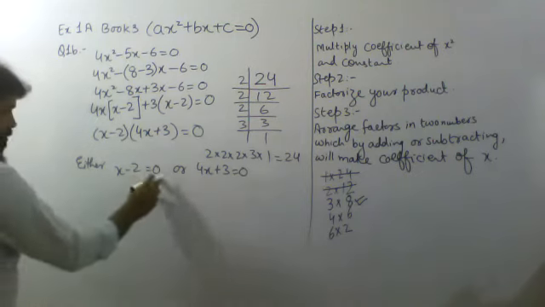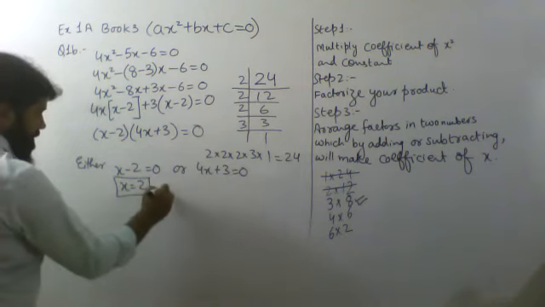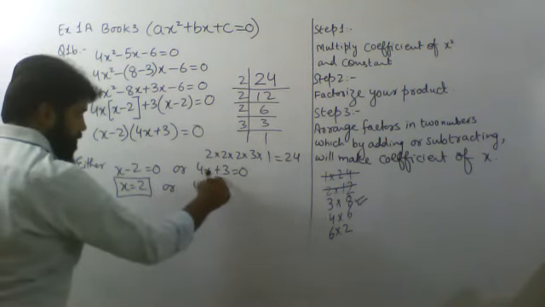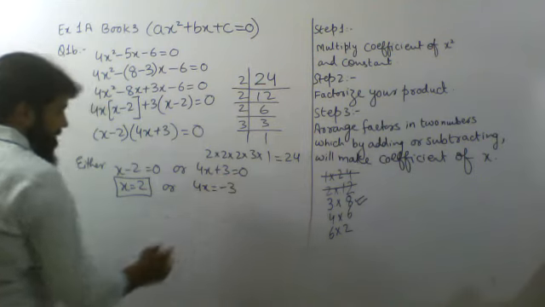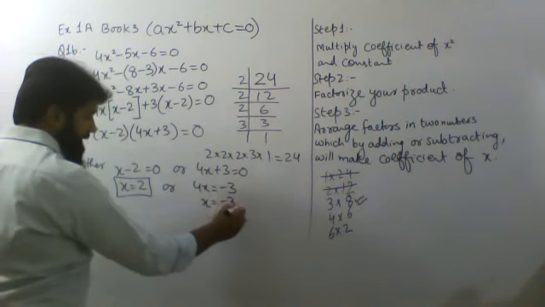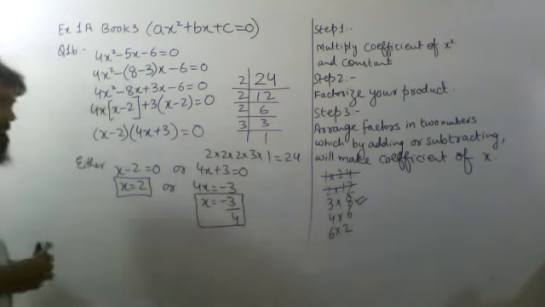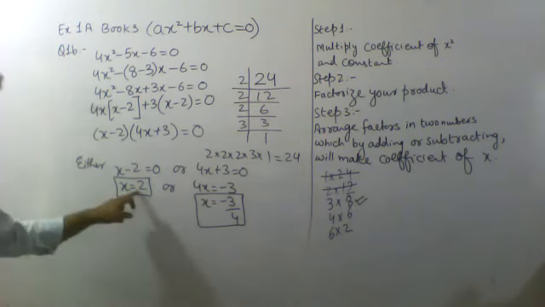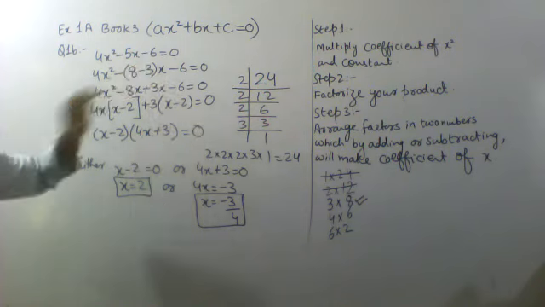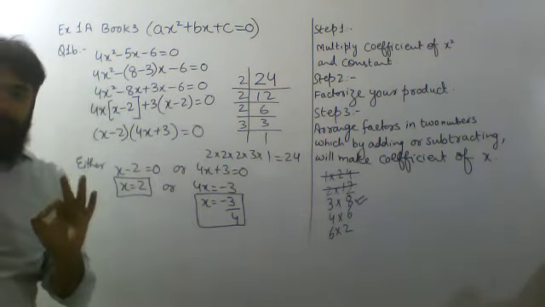Simplifying it, minus 2 shifted over here, x will be equal to 2, or 4x equals plus 3 shifted over here, minus 3. 4 is multiplying with x, so minus 3 over 4. It means that if I plug in this value or this value, and simplify it, the whole equation will become 0.